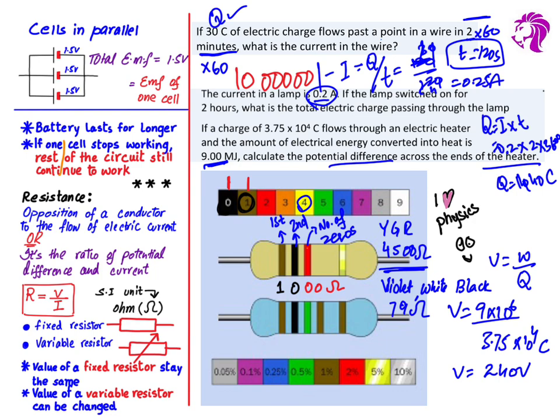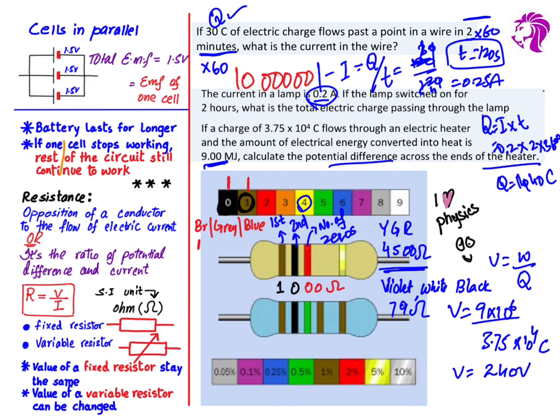Tell me any last choice of colors. Brown, gray, and blue. So the first digit is brown, which is 1, right?